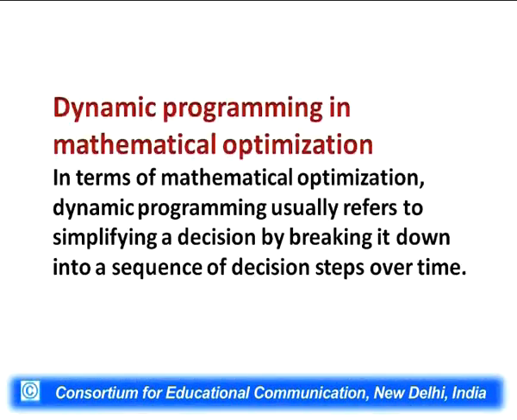In terms of mathematical optimization, dynamic programming usually refers to simplifying a decision by breaking it down into a sequence of decision steps over time. Since it is not a stationary decision, we keep changing our decision over time.